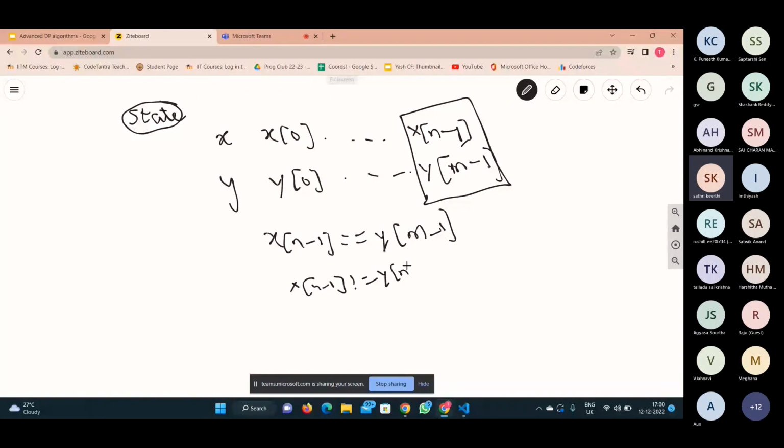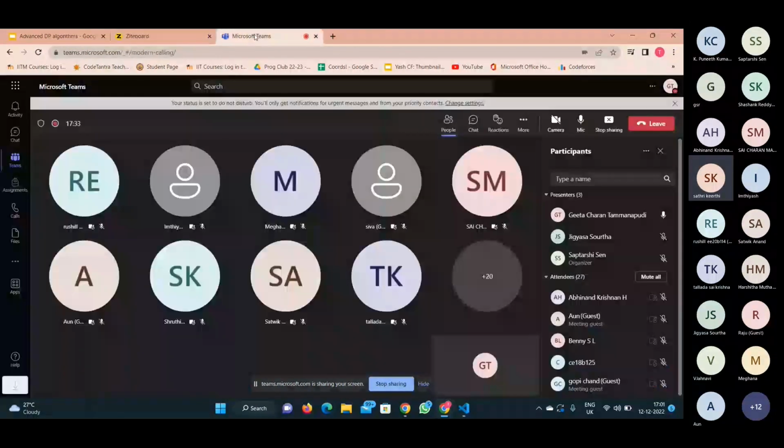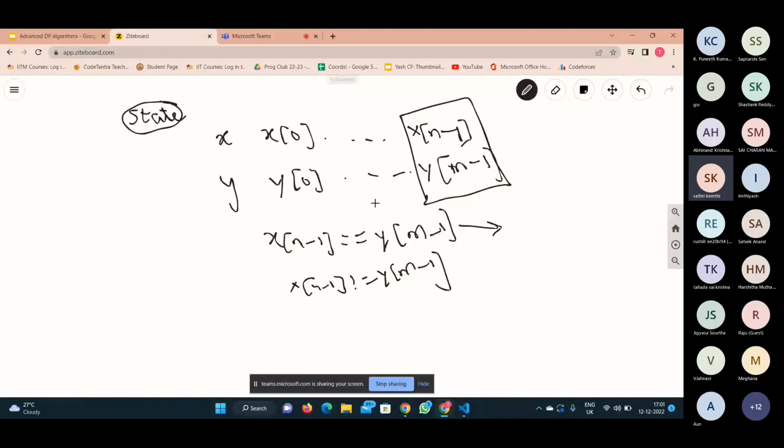In the first case, suppose they are equal. Then LCS of x comma y is just 1 plus LCS of x comma y without the last character. So we consider till n minus 1, such that the lengths are only n minus 1 and m minus 1.